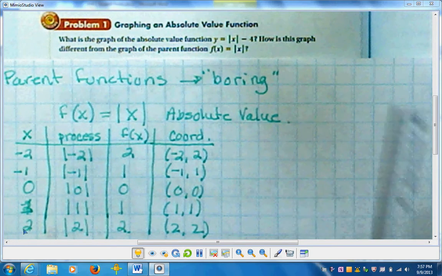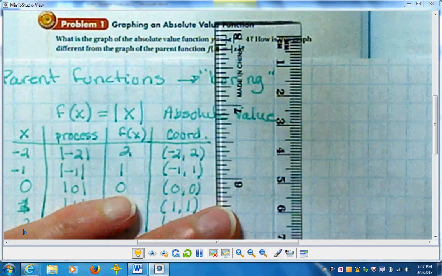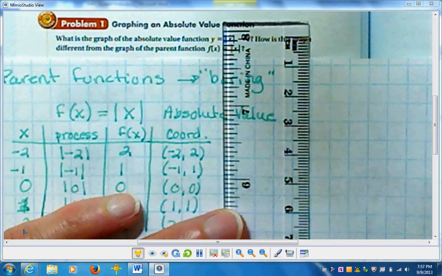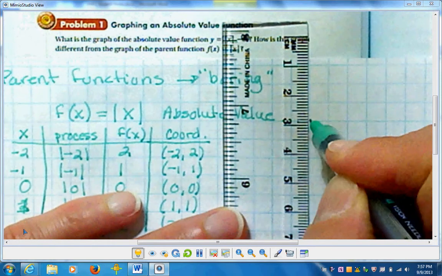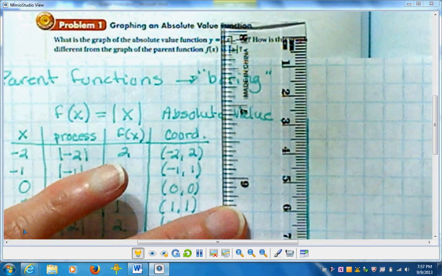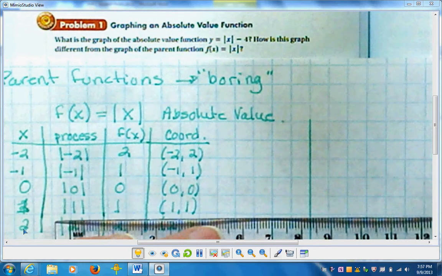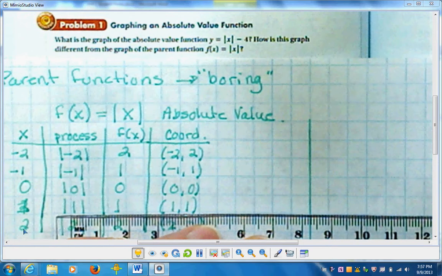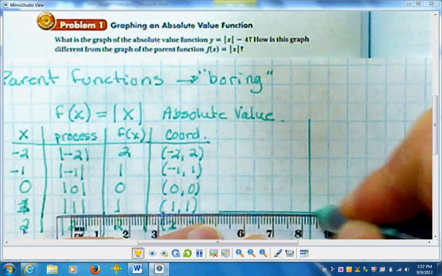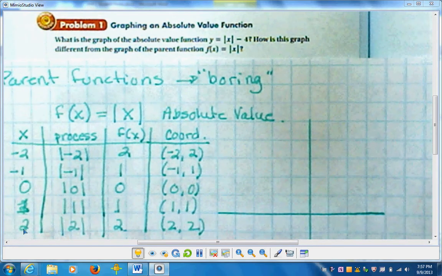So we're going to make an xy coordinate graph. Graph it right like this. Okay, and so we're going to need to put those points.